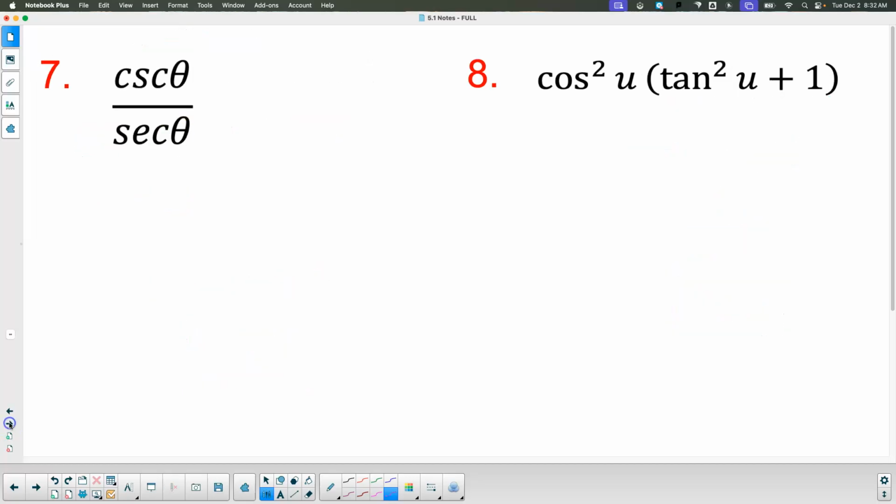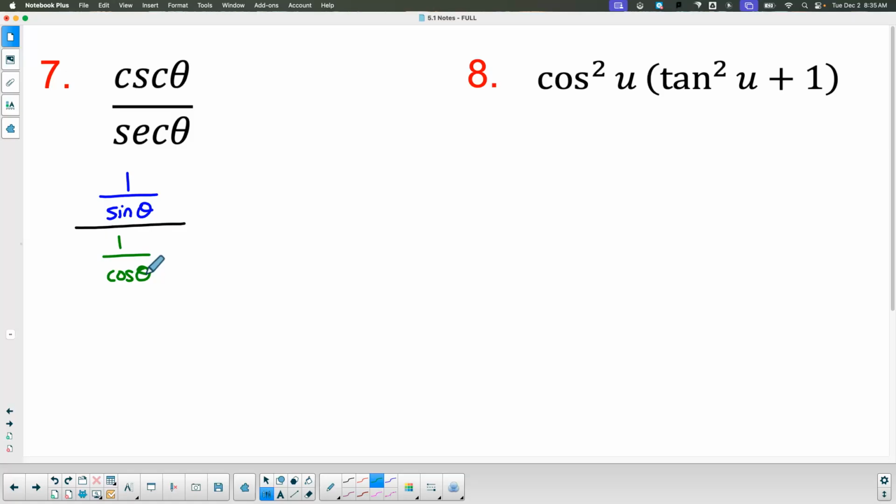3 more. Try those 2. Cosecant is 1 over sine. Secant is 1 over cosine.